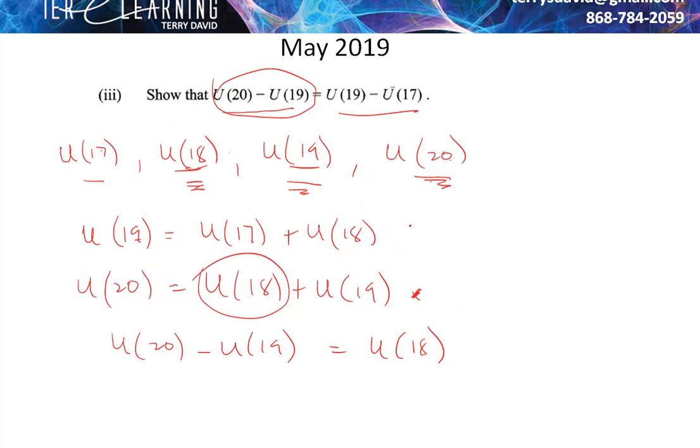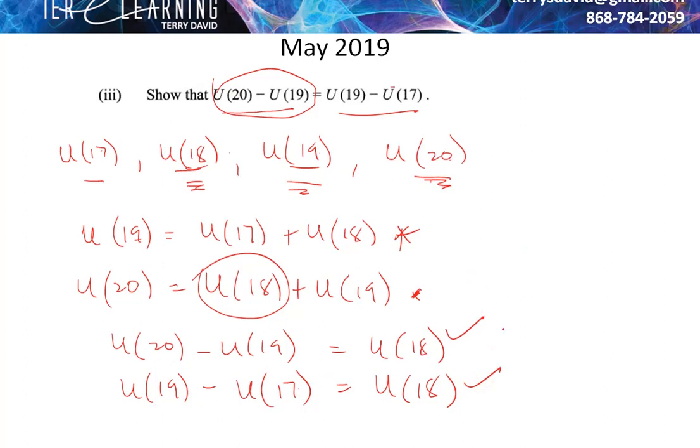And from this equation, I can see my 18th term, or if we say U19 minus U17, I'm going to get U18, right? So my 18th term can be written as U20 minus U19, or it can be written as U19 minus U17.